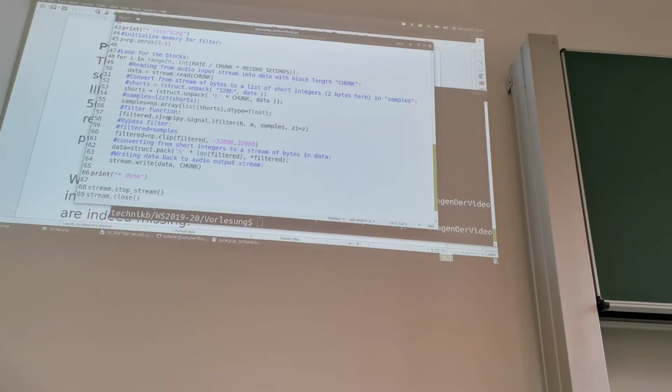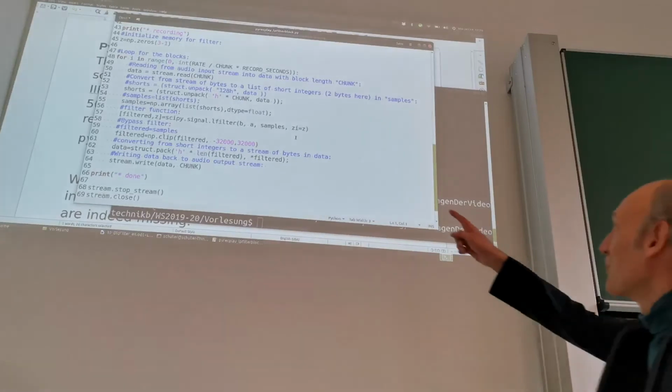Right? Remember, we have those delays in the filter, x of m minus n, and these delays are implemented using memory elements. Right? And these memory elements are the z's. So here, this is the output from the past block, and this is then read in at the next block. Make sense?